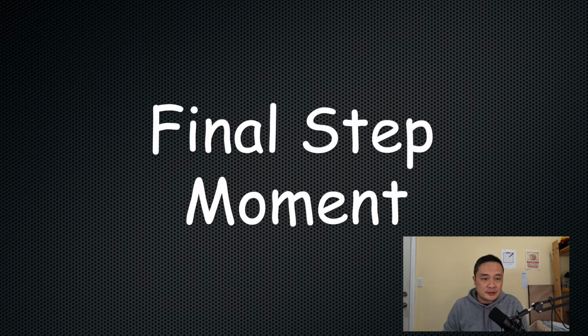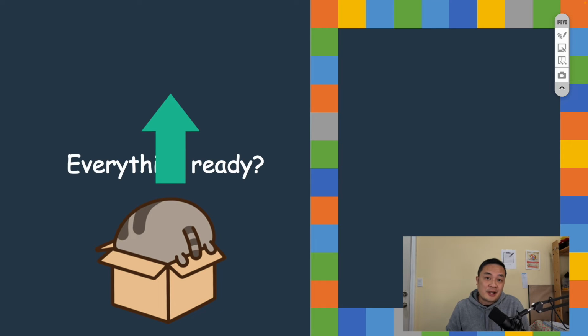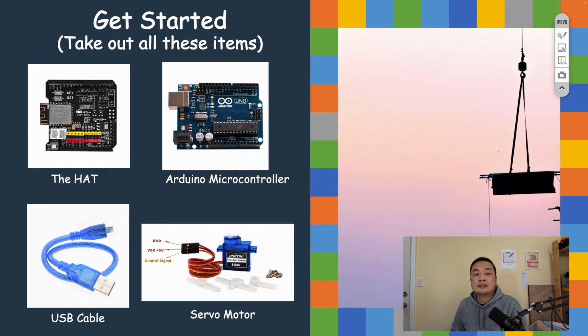Alright, the moment of truth. Everything is ready. So now go ahead and open your robotic kit and take out these 4 items: the microcontroller head, the Arduino microcontroller, the USB cable, and the servo motor.